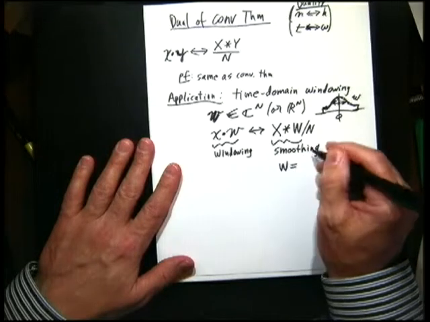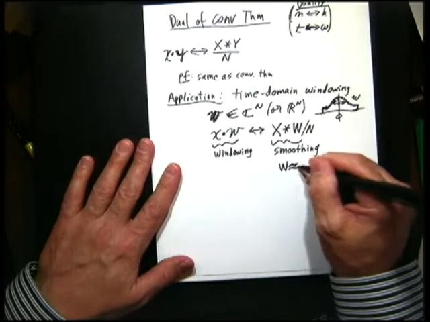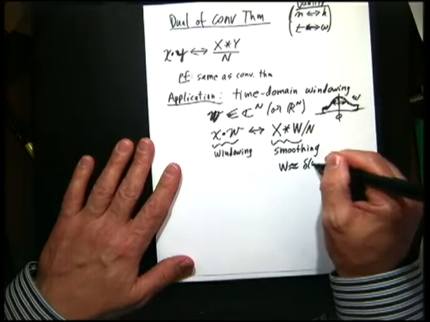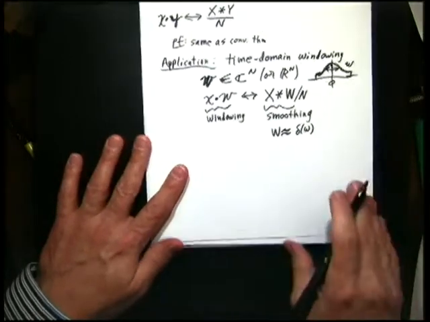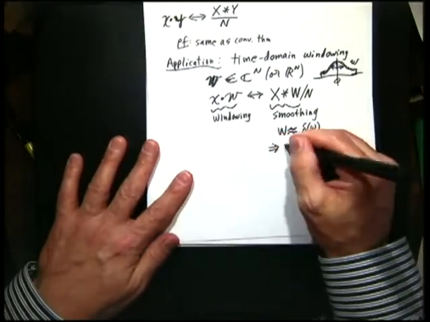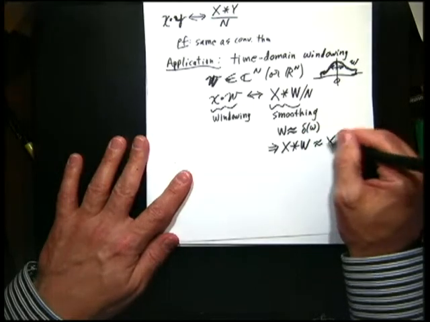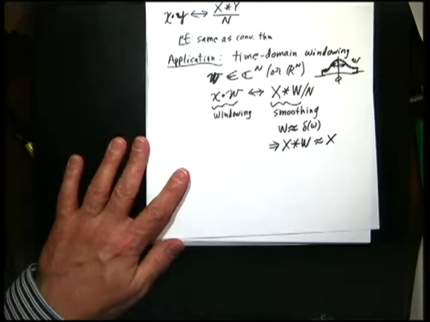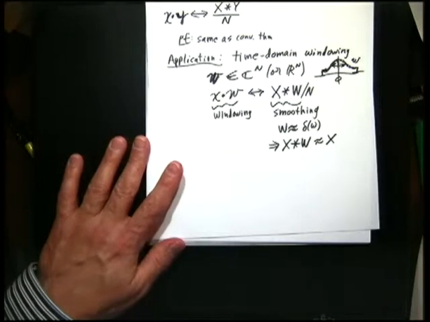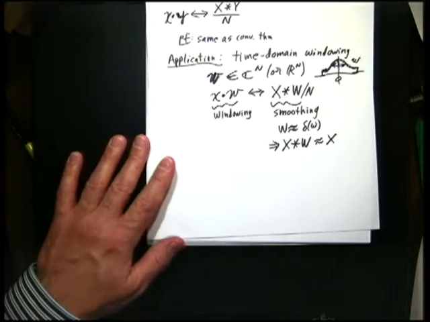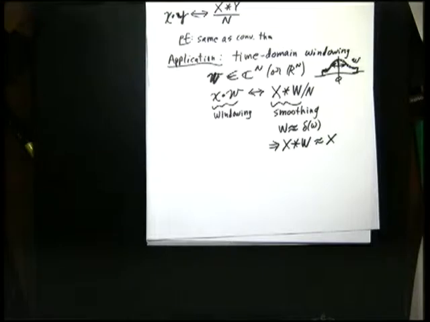And we want the window transform to be approximately a delta function in frequency. Because if it's approximately a delta function, then X convolved with it will be approximately itself. Because the delta function is the identity operator in a convolution. We saw that in the impulse response. If you convolve any signal with delta, you get that signal back.